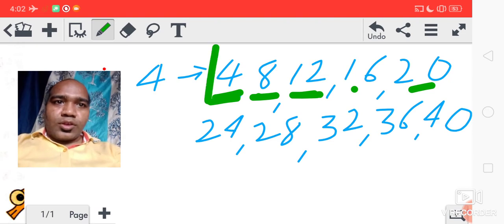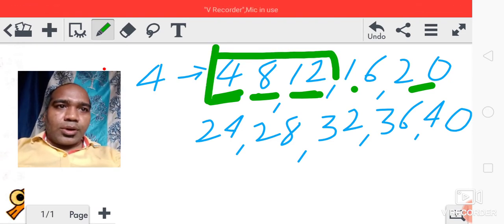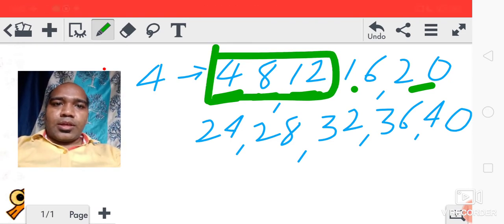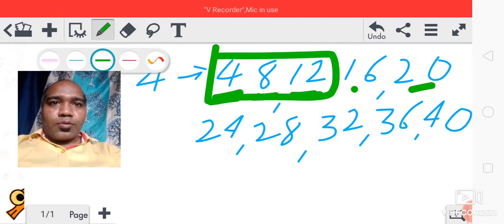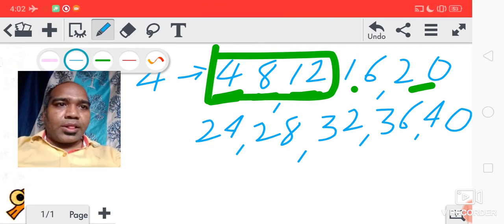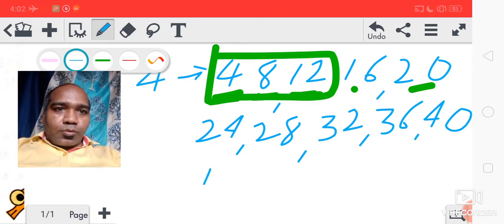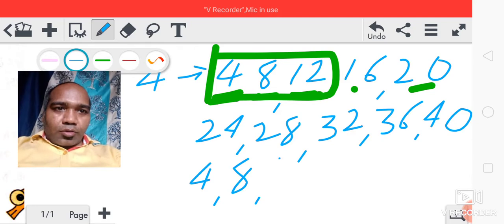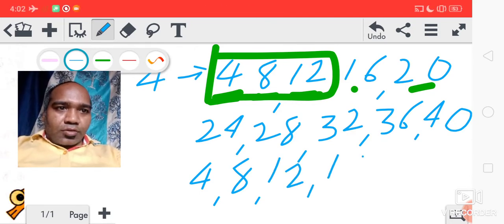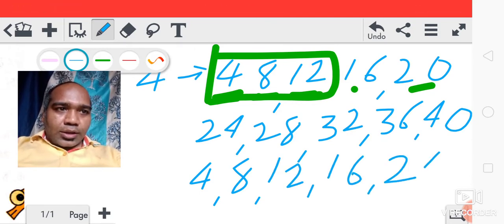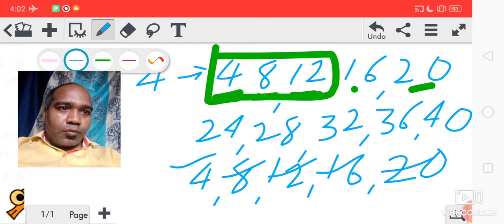So these are the first 3 multiples of 4. If I ask you to write the first 5 multiples of 4, what will they be? 4, 8, 12, then 16 and 20. Can you see? 1, 2, 3, 4, 5.